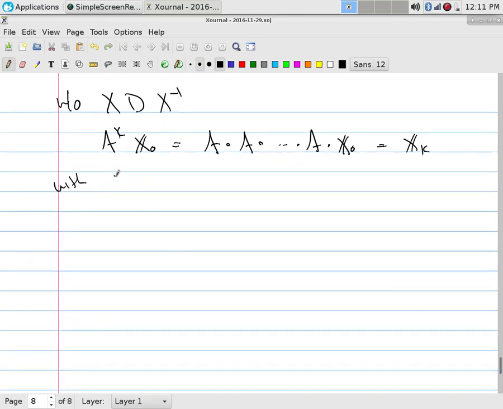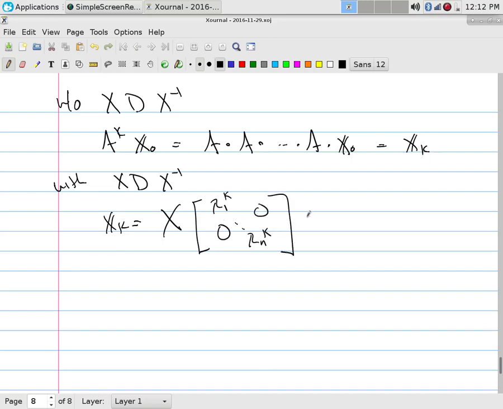What about with a diagonalization? You found the eigenvalues and you found their eigenvectors. That would tell me that my XK is, all right, these X's are different, sorry. This capital X is the eigenvectors times lambda 1 to the k, lambda n to the k, 0, 0, times X inverse times, I shouldn't have picked X. Let's make this b. vk, v naught.